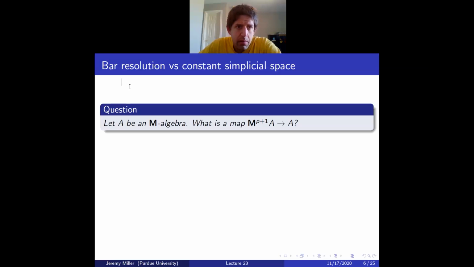So we want to compare B bullet M A with A, so we want to basically compare p simplices.